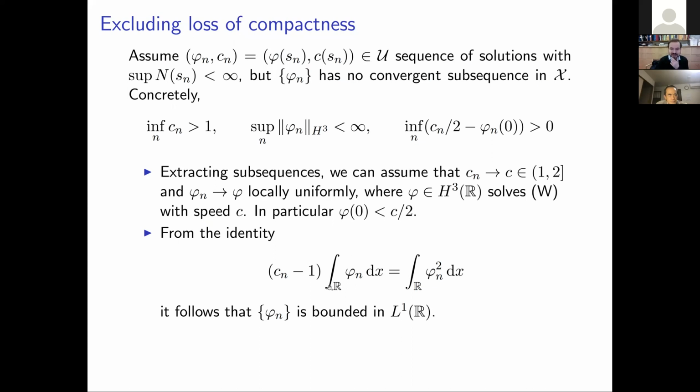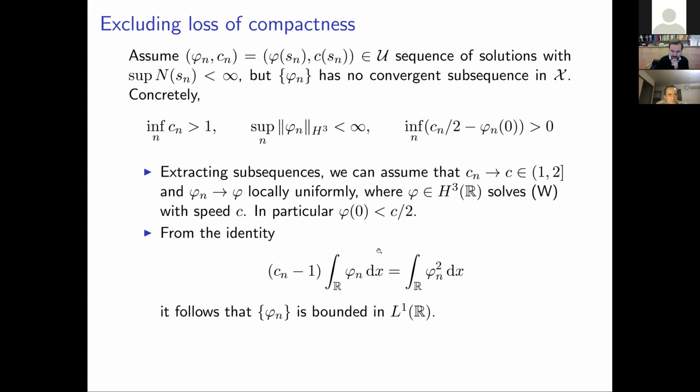So one can replace the integral of L of phi by the integral of phi. If this is the first time you see this identity, it may not be obvious why this is useful. But one thing we use it for is to exclude loss of compactness.